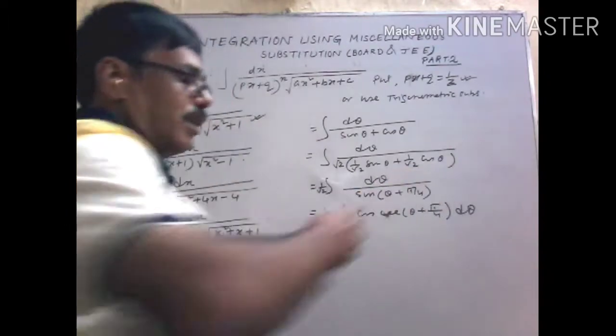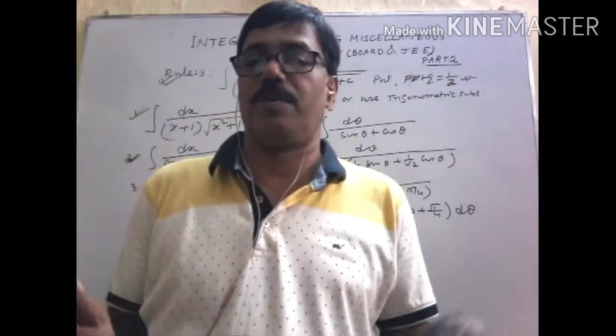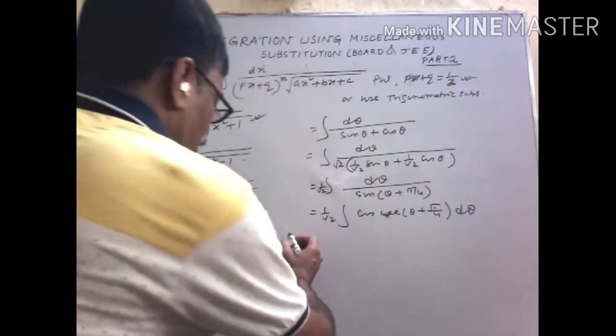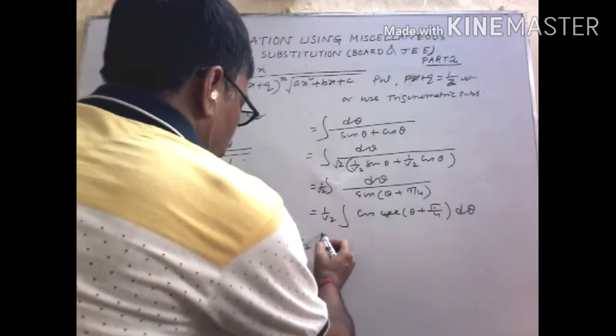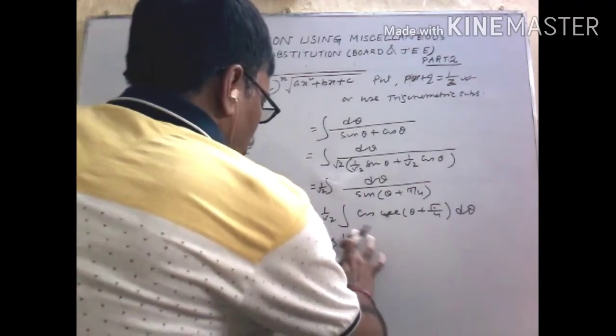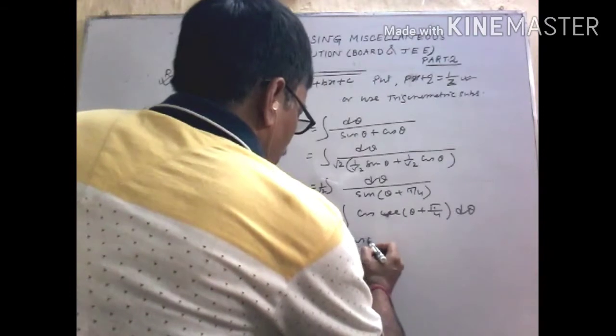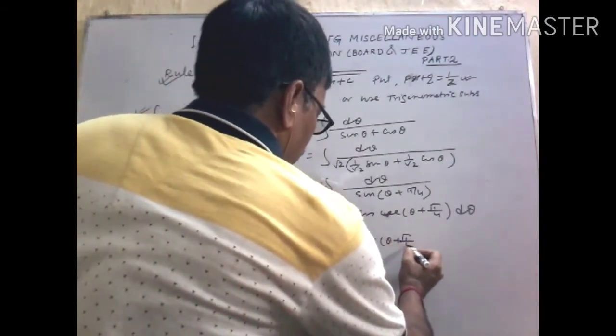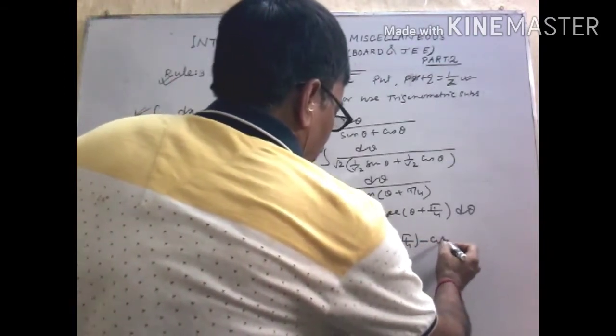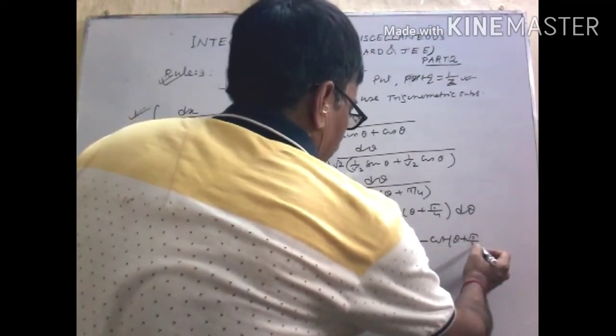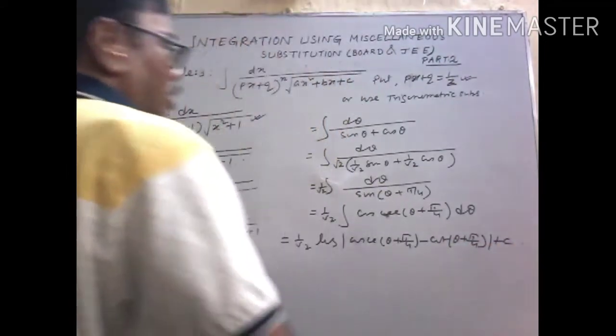So now this one is standard form. This is our main aim, to put it in terms of standard form. So 1 by root 2 log cosec theta plus pi by 4 minus cot theta plus pi by 4 plus c.